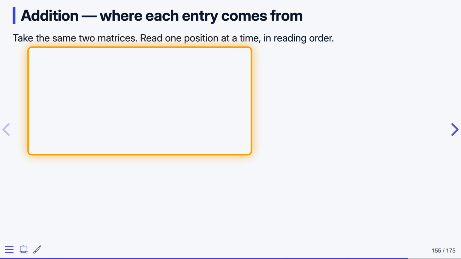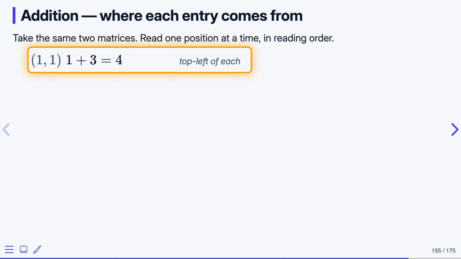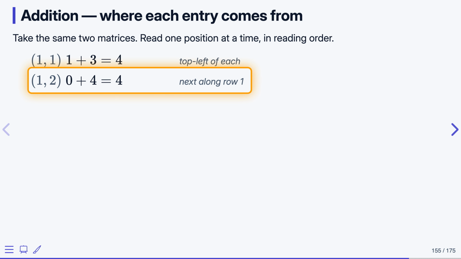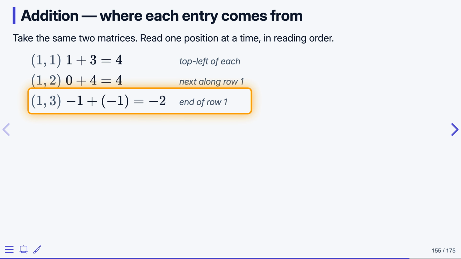Let us work the entries out in reading order. Position row 1, column 1. The first matrix has 1 there and the second has 3. 1 plus 3 is 4. Position row 1, column 2, 0 and 4. 0 plus 4 is 4. Position row 1, column 3, minus 1 and minus 1.